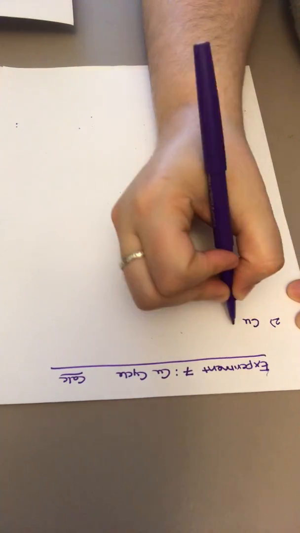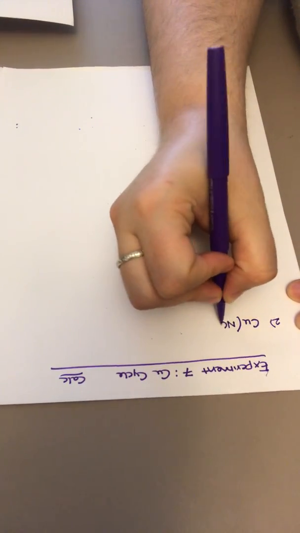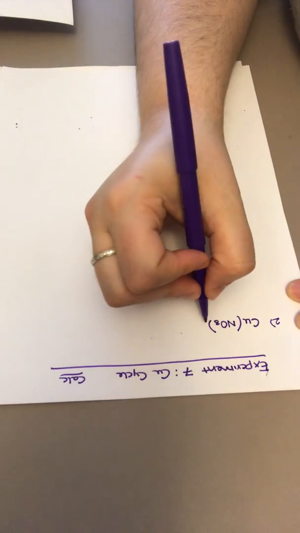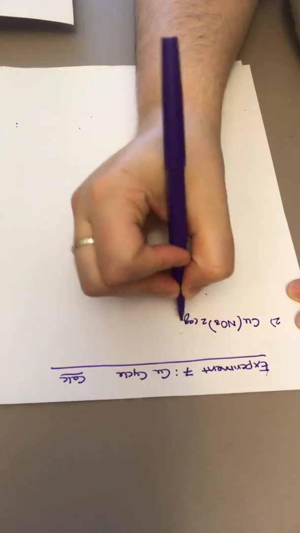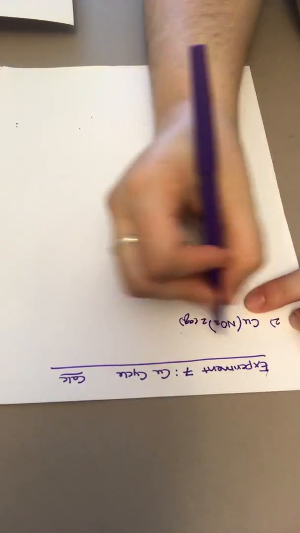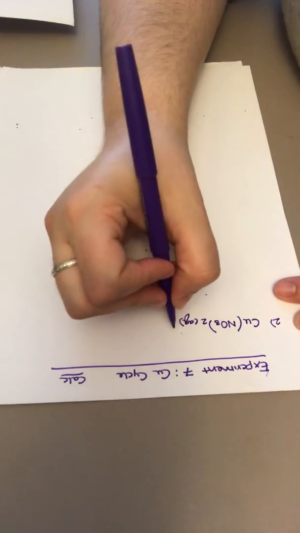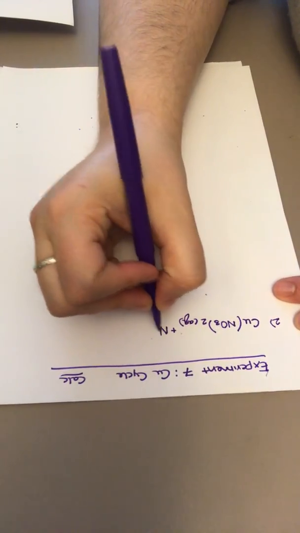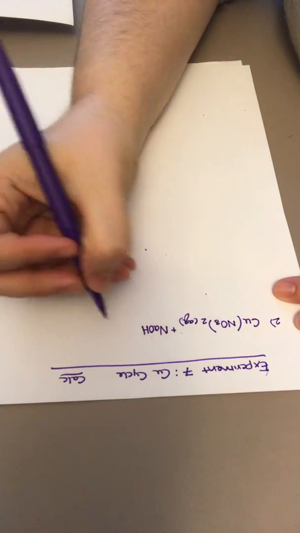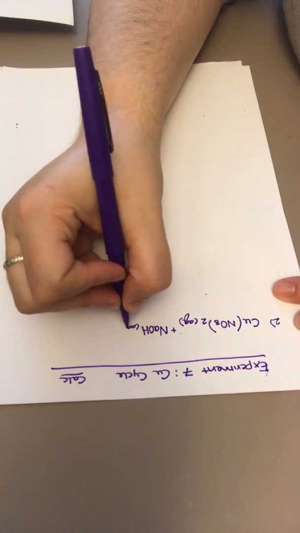this copper cation complex, which I'm just going to leave as this because this is the whole compound if we were to write the aqueous form. And we're adding that sodium hydroxide, so NaOH, and this is also aqueous.